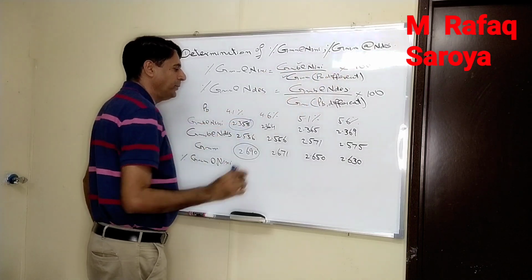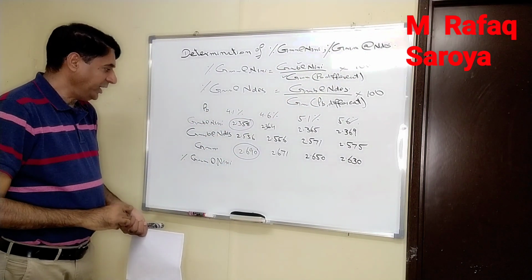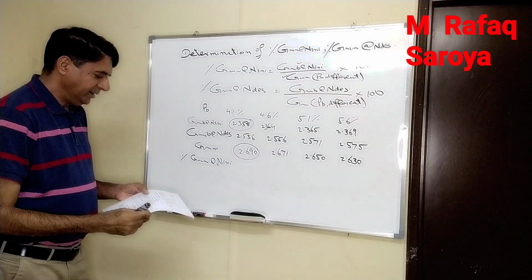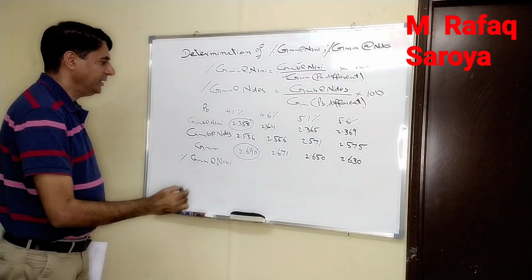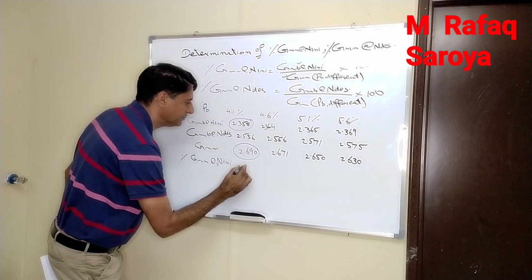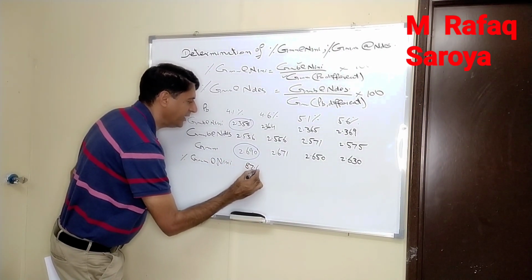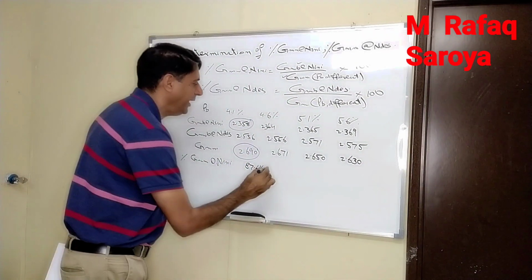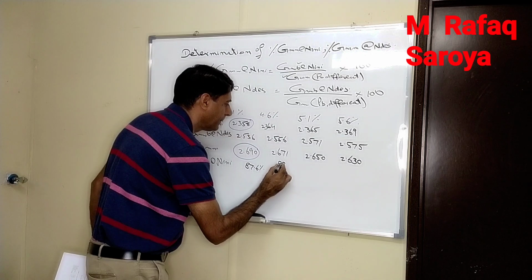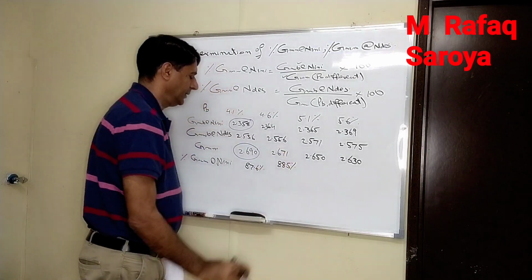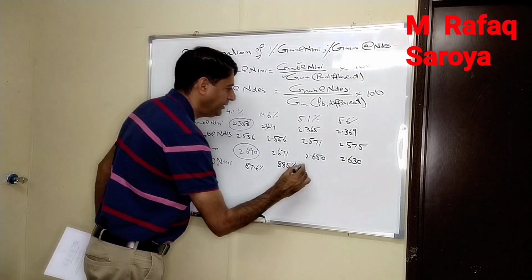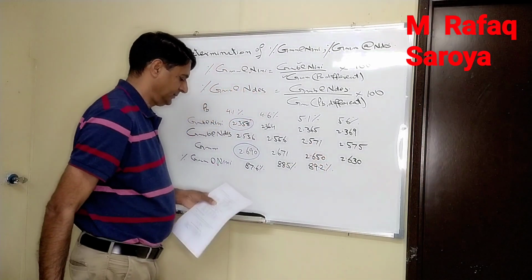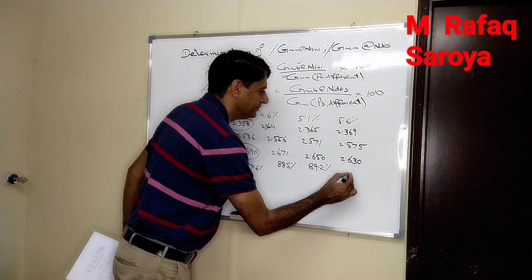As I go on putting these values, whatever the value of percentage Gmm at N initial I get, I will tabulate over here: 87.6%, 88.5%, 89.2%, and then 90%.